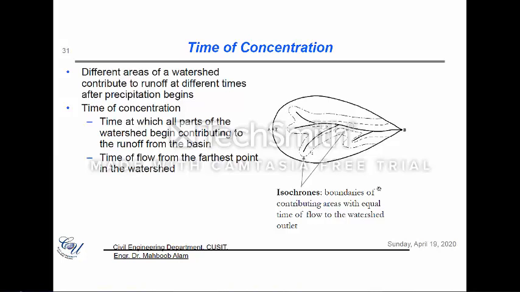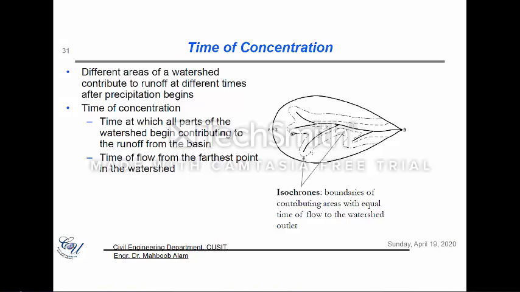Time of concentration, we briefly looked into in the previous lecture, and time of concentration is simply the time that the furthest point of a certain catchment takes to reach the outlet point. So how much time does a water drop or a water volume take to reach the outlet from this furthest point? This is basically the time of concentration, and it is usually used in some other equations of discharge calculations.